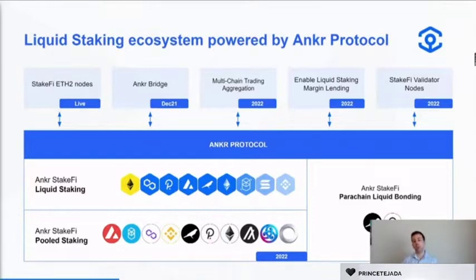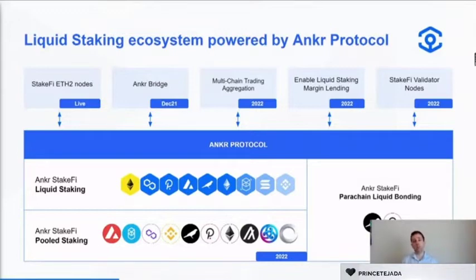If we are doing that on a multi-chain basis, we need to make sure that you're receiving the same amount of staking rewards on your, let's say, ETHB on Fantom, Binance Smart Chain, Ethereum and all chains, and there should not be any discrepancy.